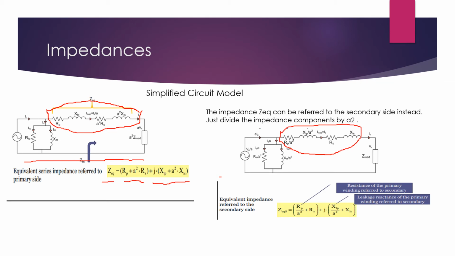Z equivalent equals Rp over A squared plus Rs, plus j times Xp over A squared plus Xs. You just divide these components by A squared to get the formula directly if you base it on the secondary winding.